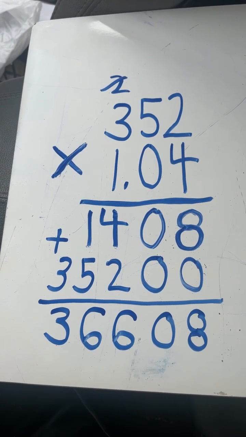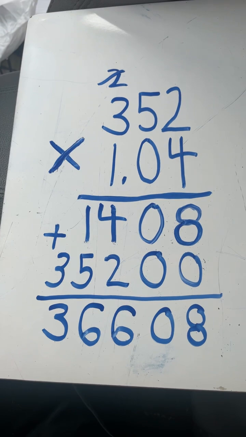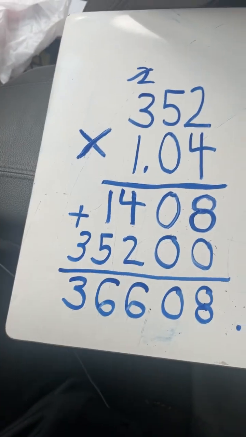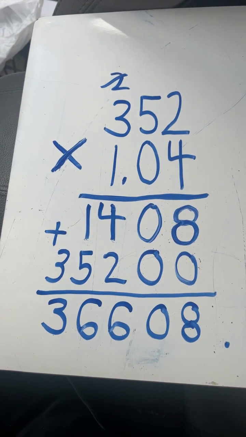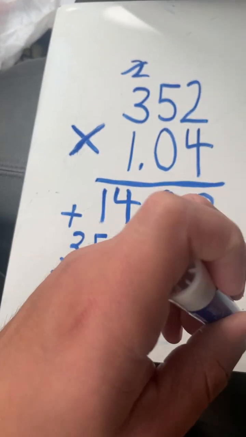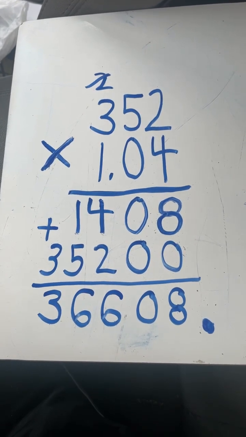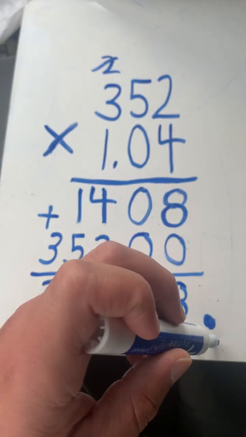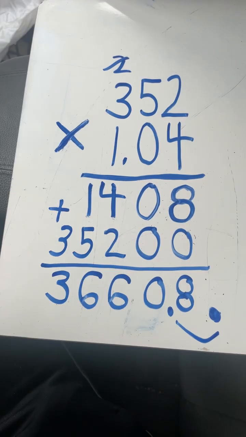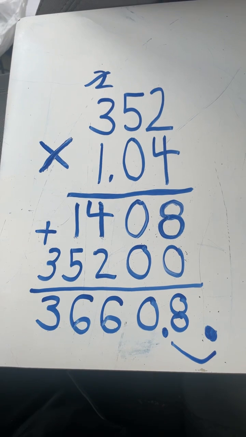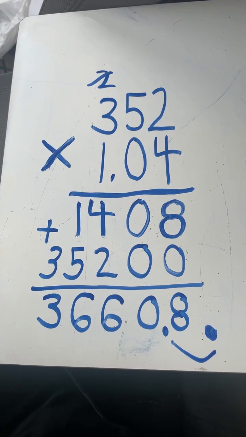But as I said at the beginning of the video, the final step is moving the decimal place over 2 places. Right now the number, with the decimal point being behind all of the digits, would be 36,608. But if I move the decimal point over 1 place, it becomes 3,660.8.